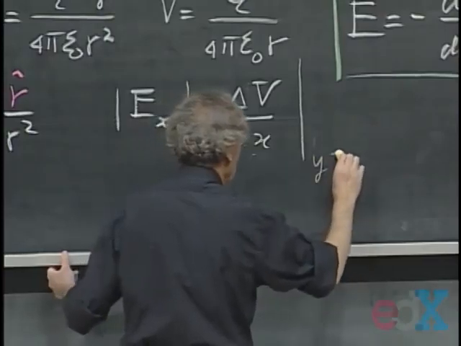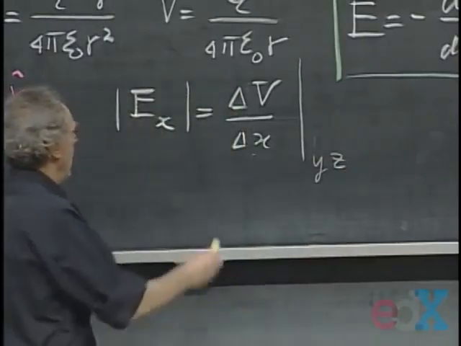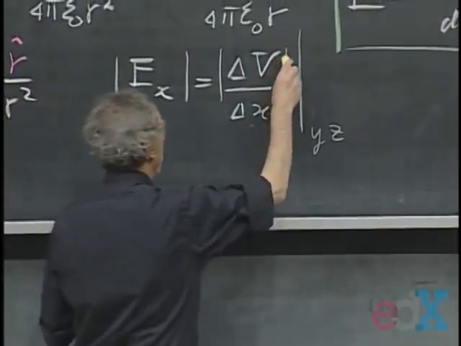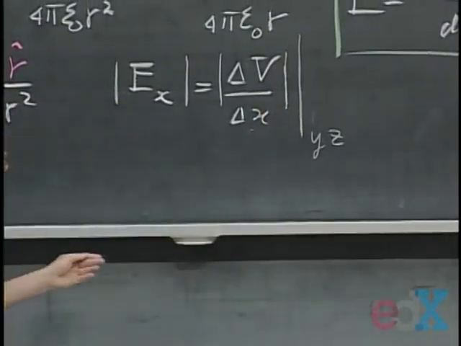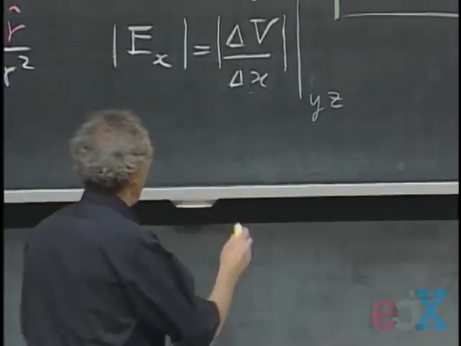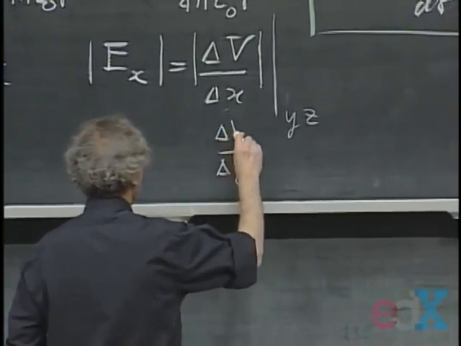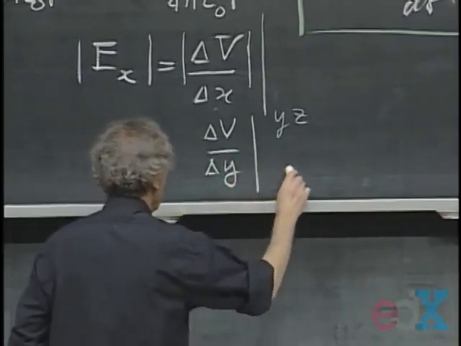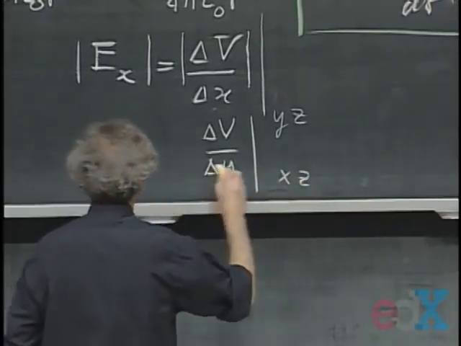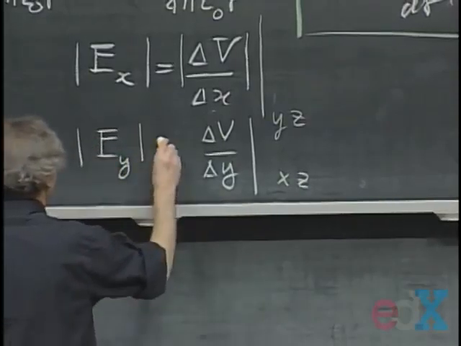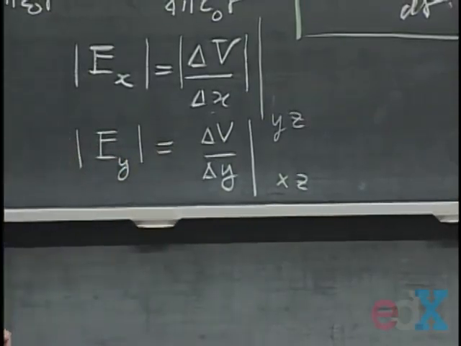And I keep y and z constant. And these are magnitudes. But that's why I put these vertical bars here. Equally, if I made a small side step in the y direction, and I measured a potential difference delta V, keeping x and z constant, that would then be the component of the electric field in the y direction.